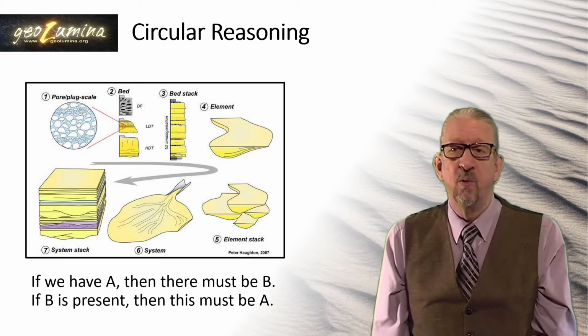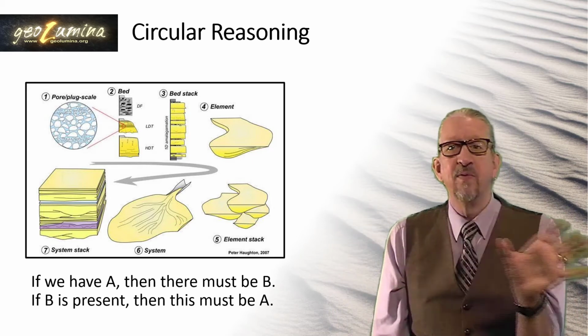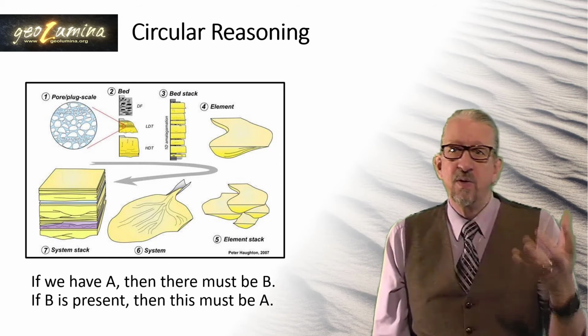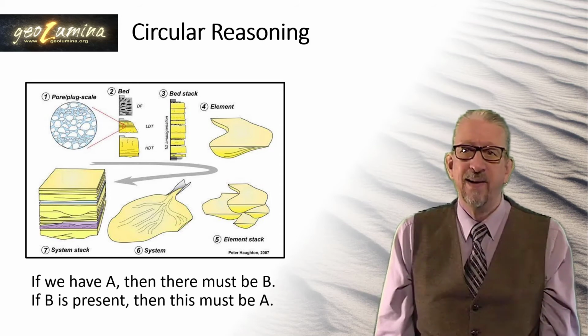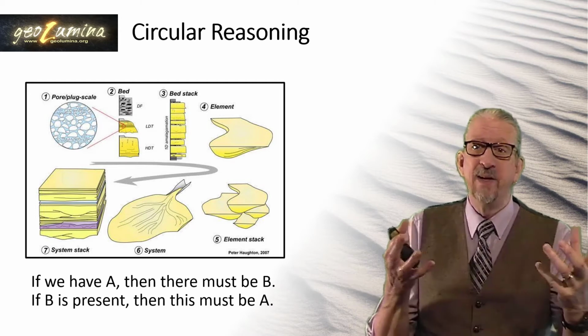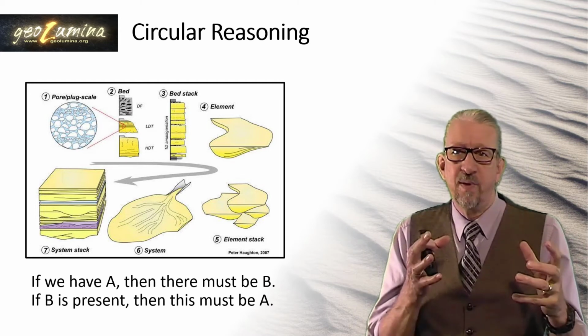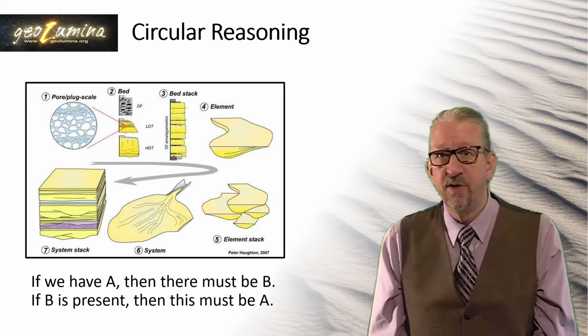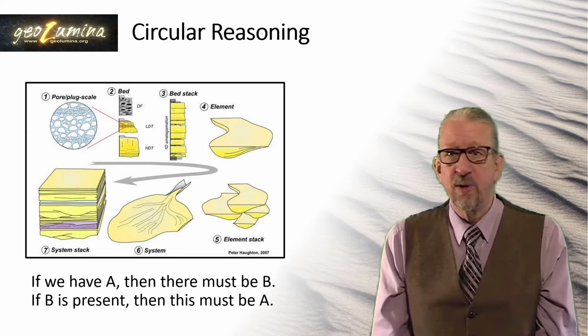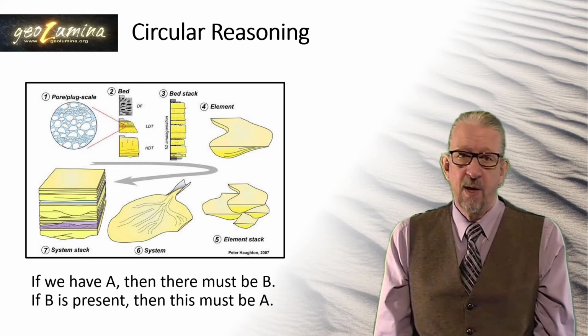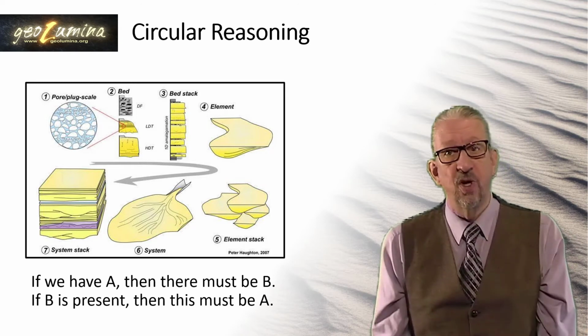And that's something we do all the time. We keep going back and forth between the scales using a sort of circular reasoning to give us ideas about what else we should be looking for in order to make new observations and provide new premises to support our arguments. So that's the sort of concept of circular reasoning.